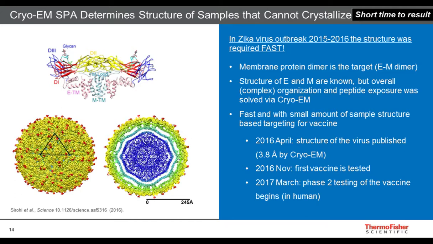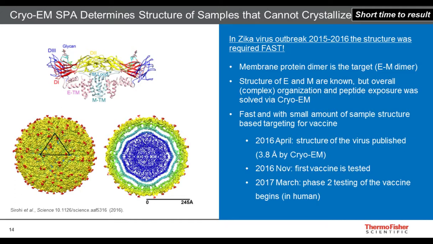And for developing a vaccine, again, it's also important that you understand what the virus structure looks like from the outside. So again, a better understanding of various monomer and dimeric structures, in this case dimeric structures of the virus. While the individual E and M structures were known by crystallography, the overall complex organization was not known yet, and by performing Cryo-EM, that could also be revealed.